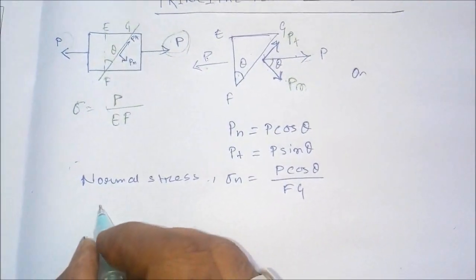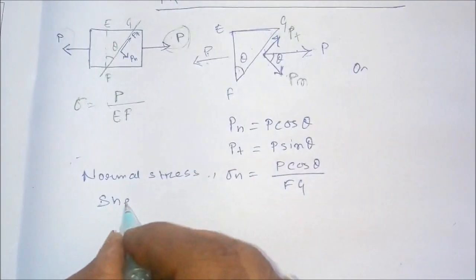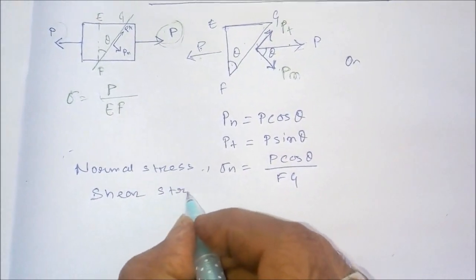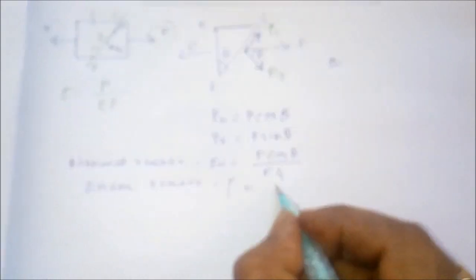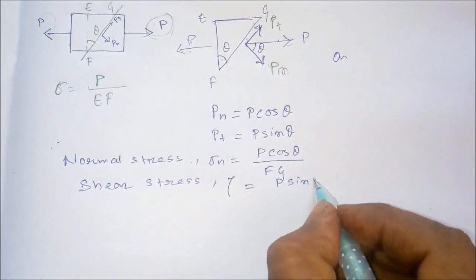And the tangential stress, that is shear stress, if we denote it with tau, will be equal to P sin theta by FG.